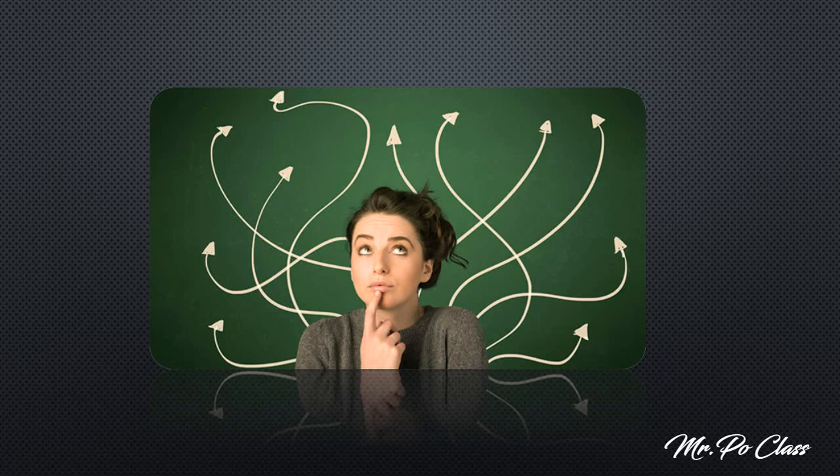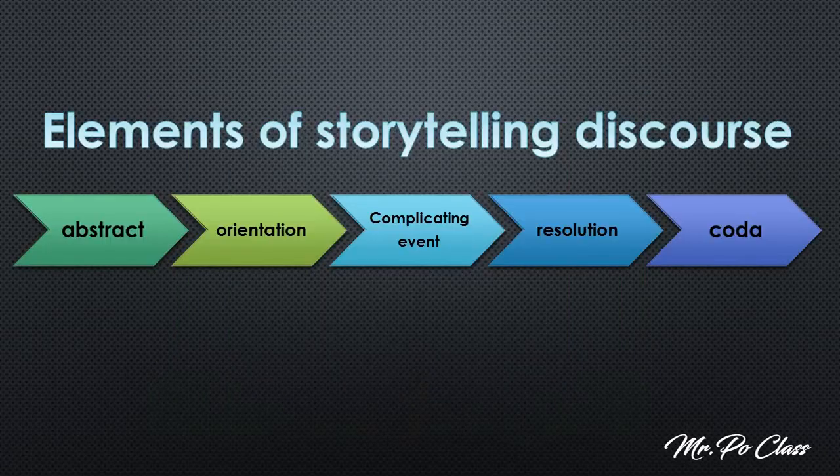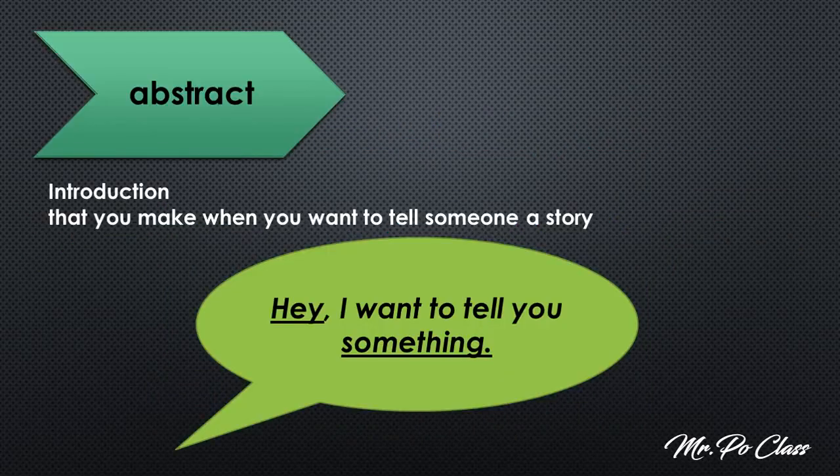That's why it is so important to know the elements of narrative discourse, or in simple terms, storytelling discourse. And these are abstract, orientation, complicating event, resolution, and coda. Abstract is like an introduction that you make when you want to tell someone a story.